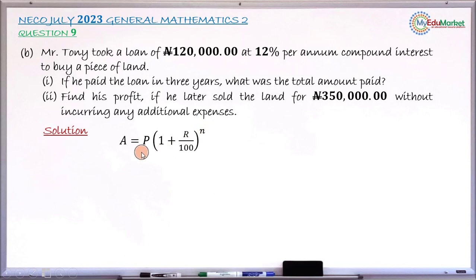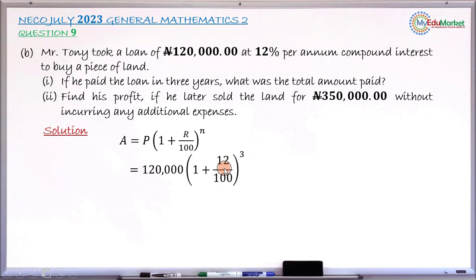Substituting, we are interested in finding the final amount, A. So I have P as 120,000 naira, R as 12%, and N as 3 years. So substituting correctly, you have 120,000 multiplied by the bracket 1 plus 12 over 100, and the bracket raised to the power of 3.